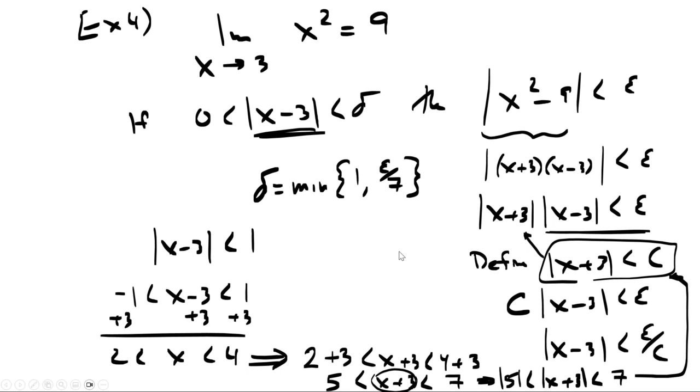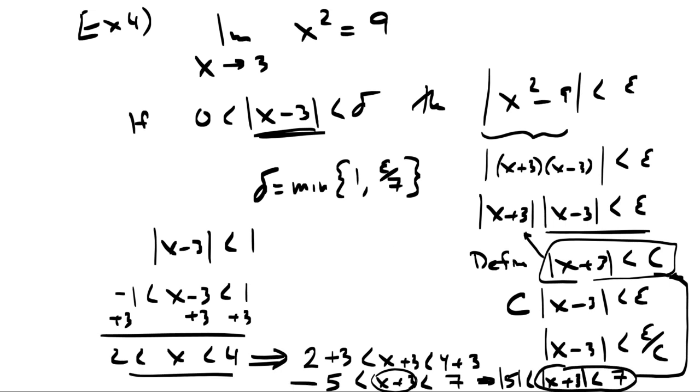So if x minus 3 is below 1, the x will be between 2 and 4, and the x plus 3 will be between 5 and 7. But the highest it could ever range up is 7. In fact, it can't even touch 7. It's going to be less than 7 always. Okay, have we proven it? Yes, we have.